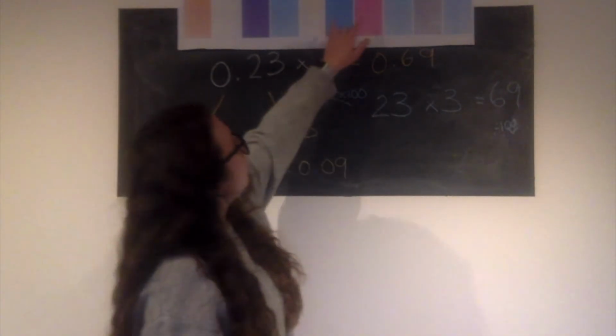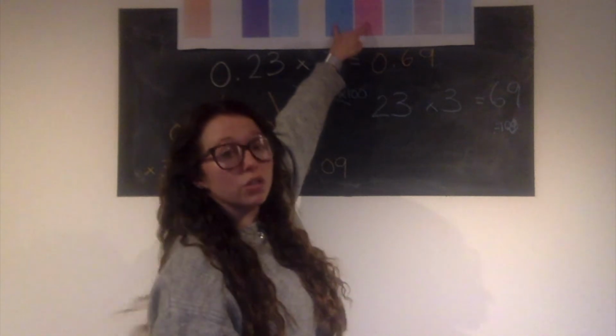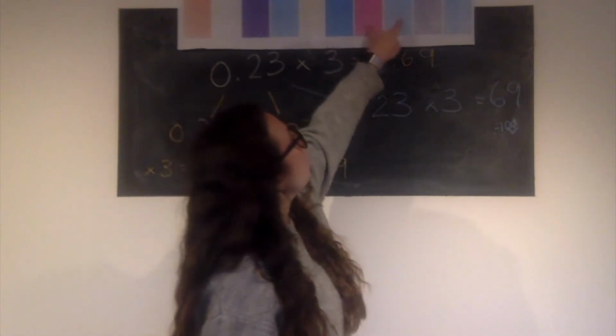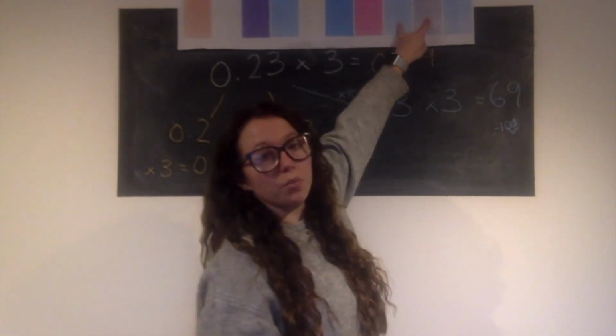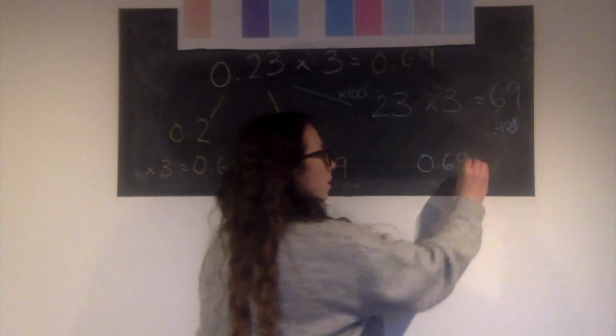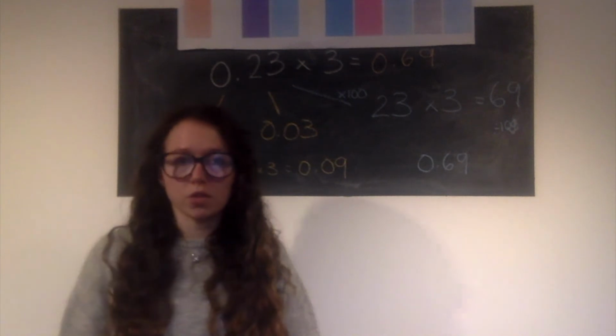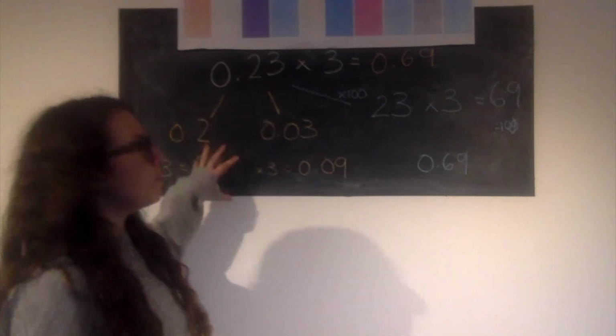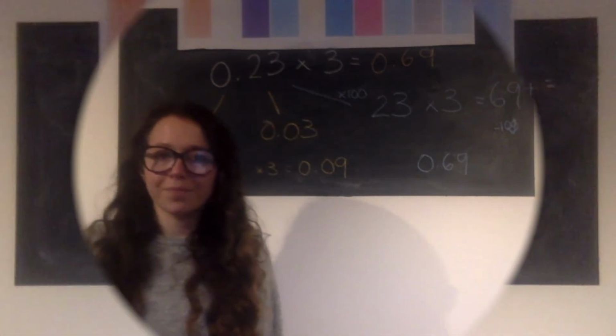So 69 divided by 100, we're moving it 2 places to the right, so 1, 2. My number will be 0.69. So just like before, there's 2 methods. You can turn it into your whole number, or you can partition it and multiply those.